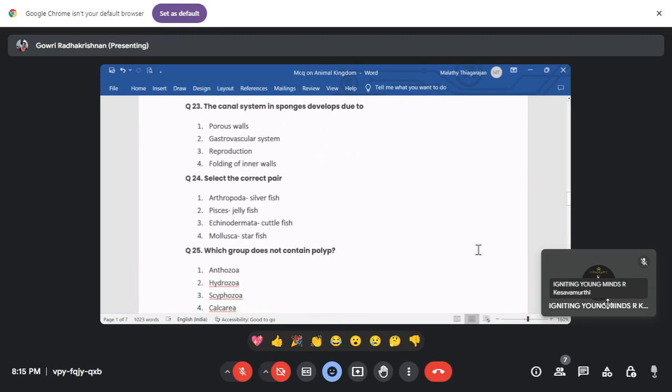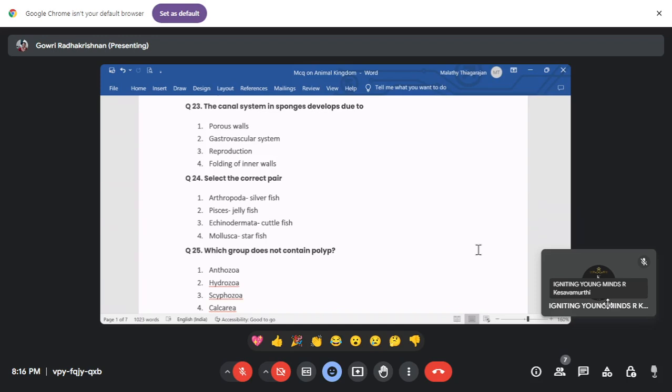Question 23, the canal system in sponges develops due to? Porous walls. No, not porous walls. Folding of inner walls, isn't it? If the canal system is inside, how can you say porous walls?